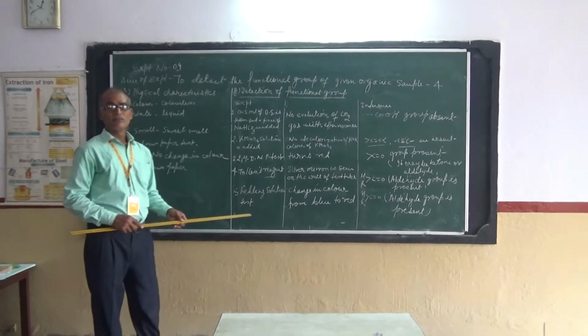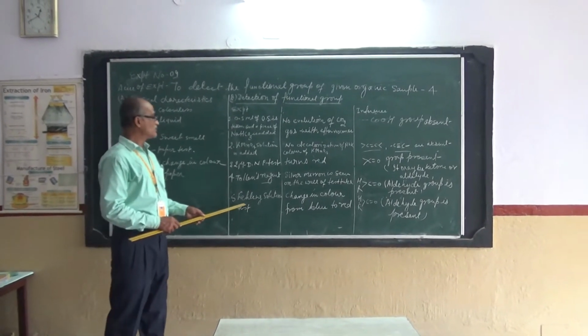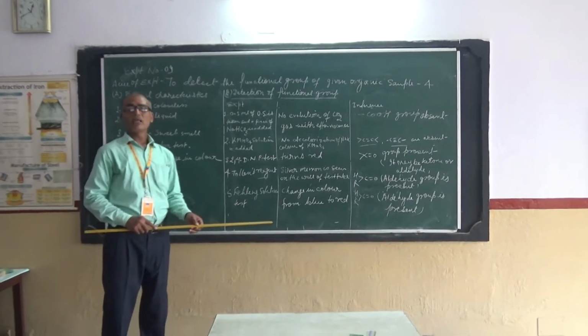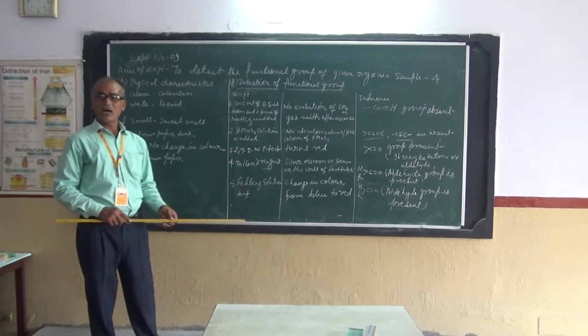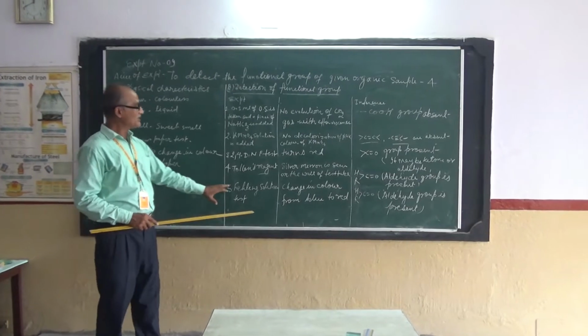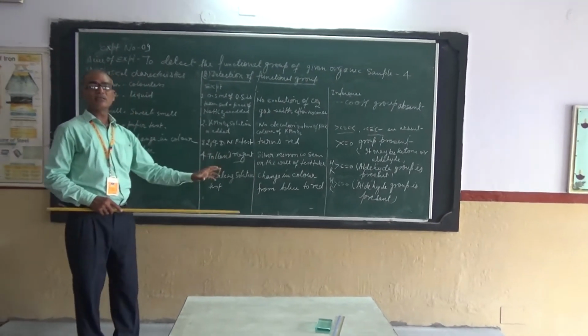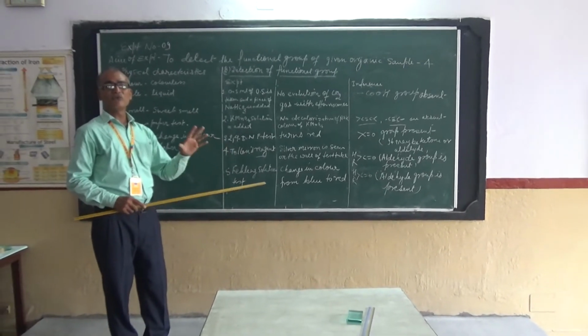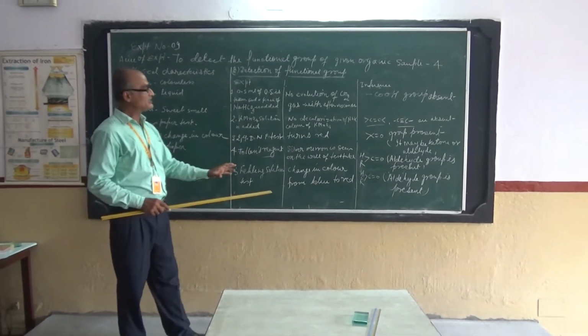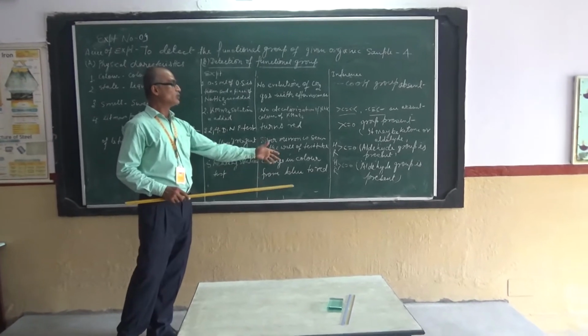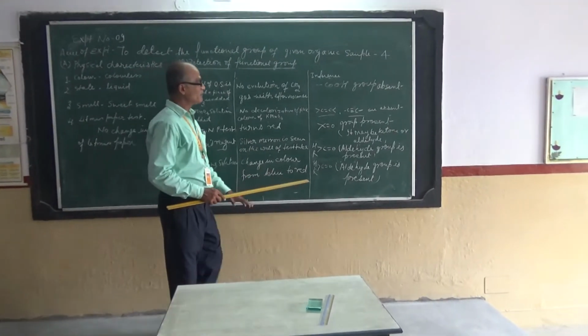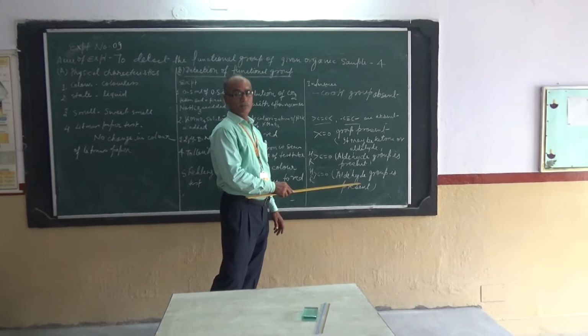Fehling solution is a solution in which both Fehling solution A and Fehling solution B are mixed together. We will add this solution to the given organic sample and heat it in the water bath for a few minutes. And if it changes from blue to red, it infers the presence of an aldehyde group.